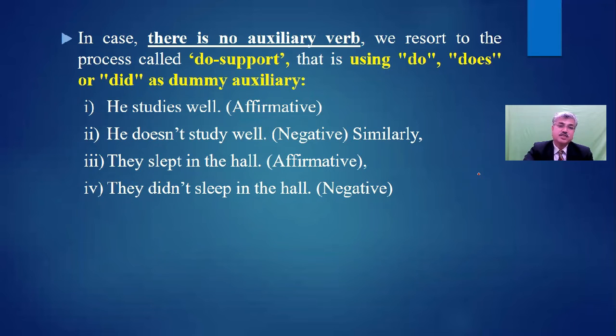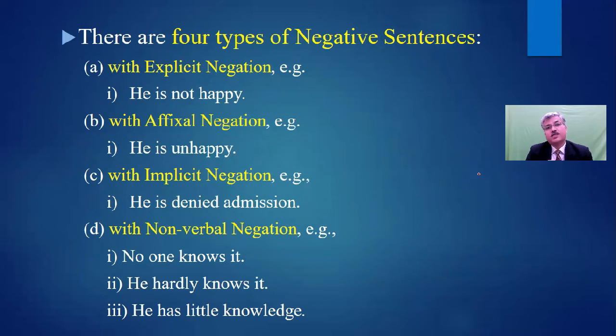It is a negative sentence. Dear learners, there are four types of negative sentences: with explicit negation, with affixal negation, with implicit negation, with non-verbal negation. For example, with explicit negation, he is not happy. There is a use of not. With affixal negation, for example, he is unhappy, there is a use of un, which indicates negative sense.